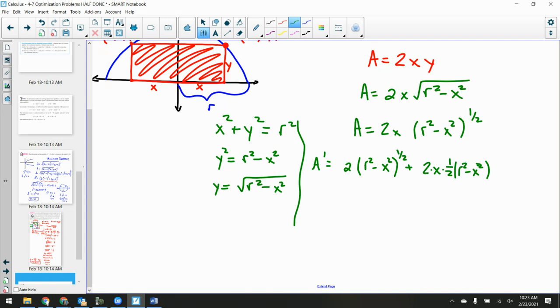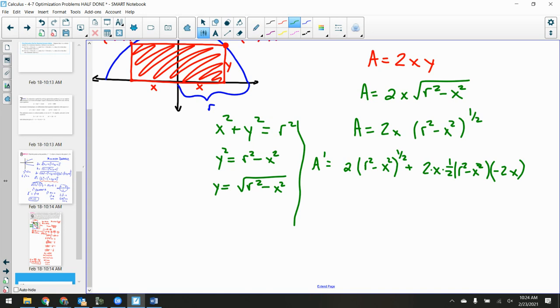So r squared is actually going to just go away when I do the derivative. So this is actually going to end up being just the derivative of this negative x squared, which is a negative 2x. That's times a negative 2x. That's not minus 2x. Because again, the radius is not going to vary. It's a constant, so we can treat it like a constant when we differentiate.